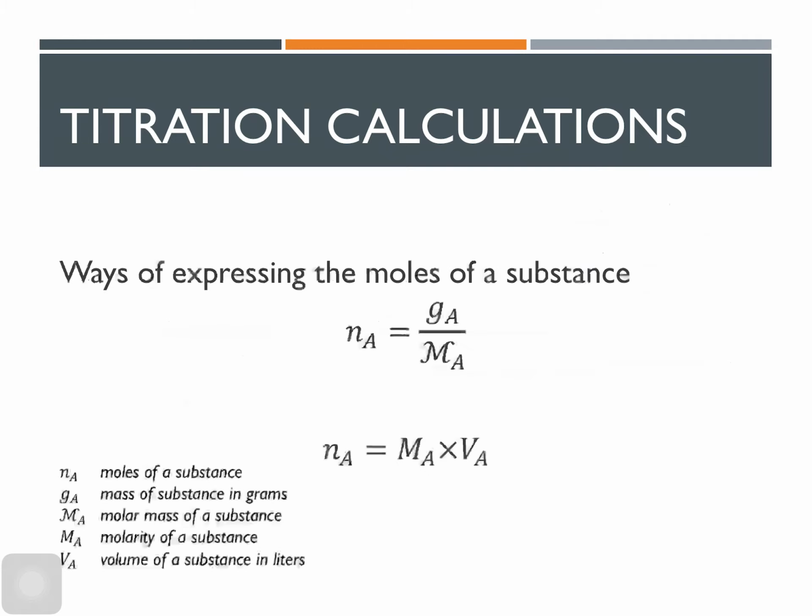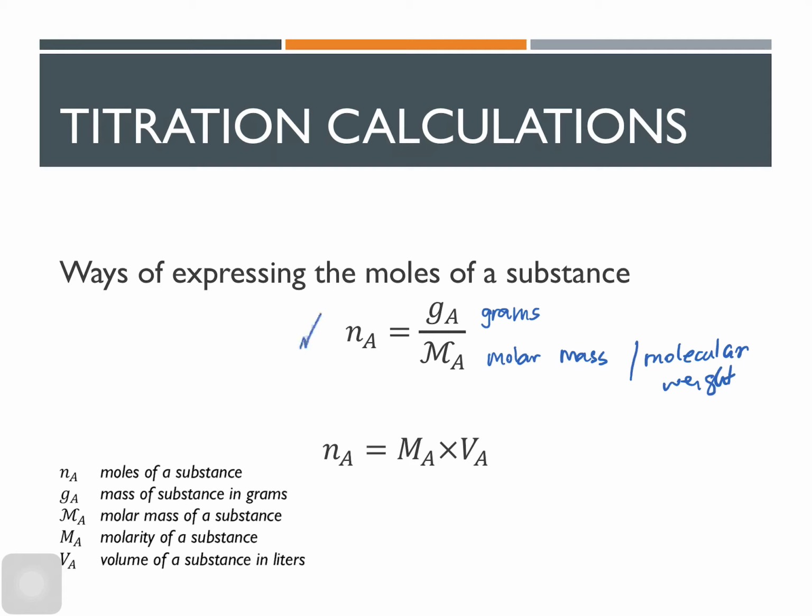One way is by the mass relationship. The moles of substance A can be computed as the grams of substance A over its molar mass, or the molecular weight. So this is one way to express the moles of our substances in terms of mass relationship.